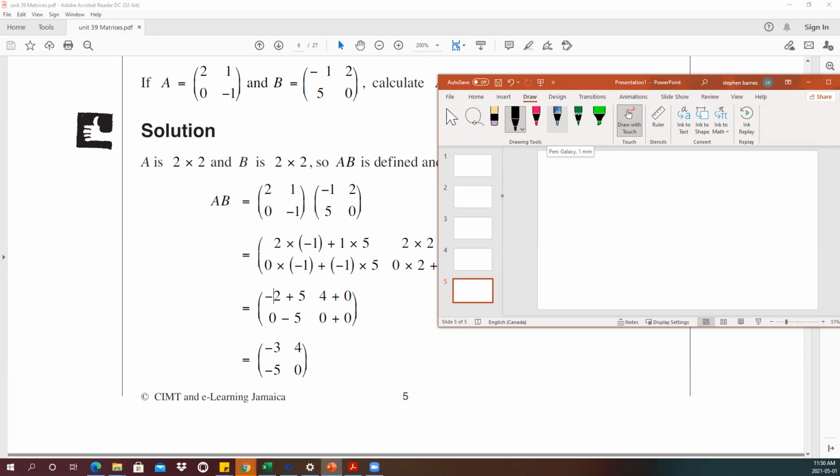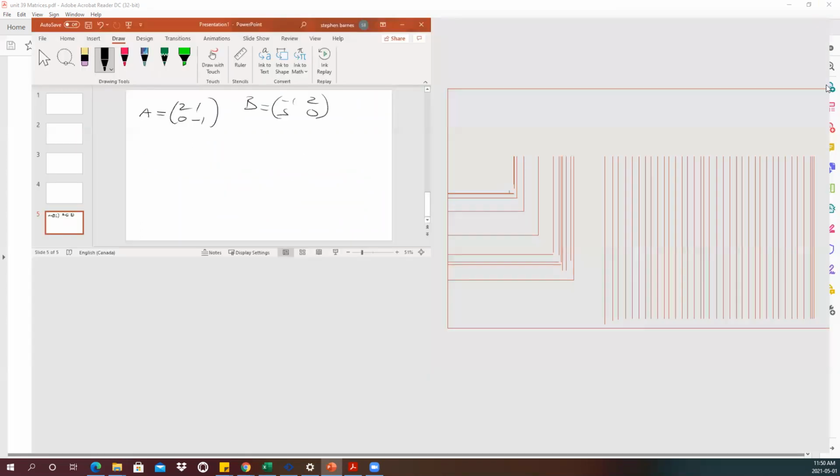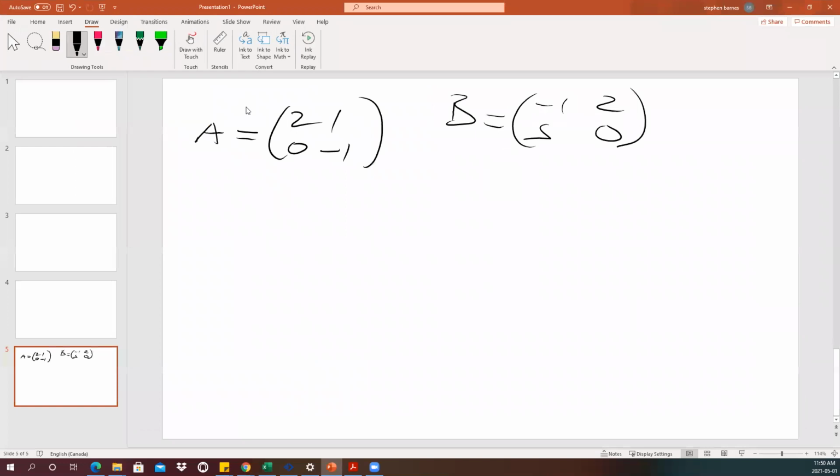I just want to make sure I write down the matrix first. All right. So A is 2, 1, 0, minus 1. We're asked to multiply it, AB.